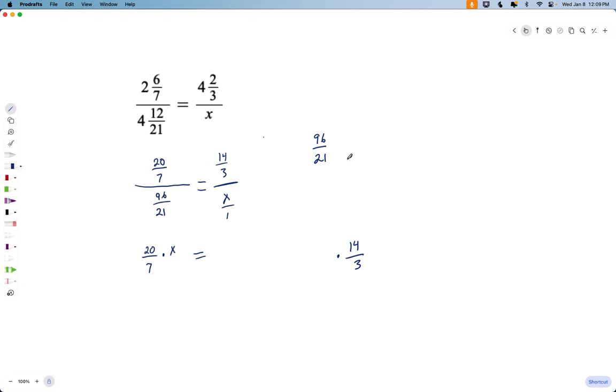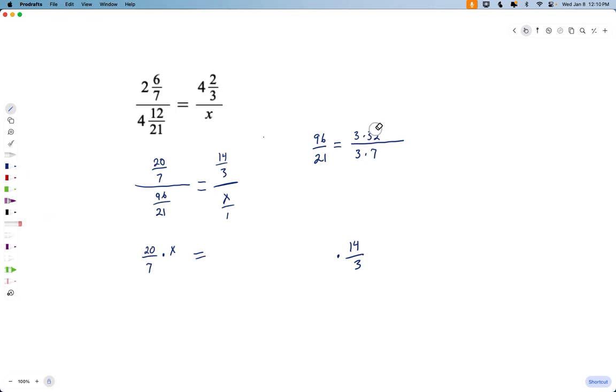All right, so 96 over 21 is equal to what? I think we can get 3 out of here. So that would be 32. 3 times 32. And then 21 is 3 times 7. And then 32 is going to be 2 times 16.